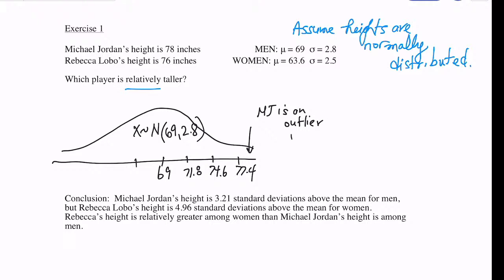Or his height is an outlier, right? MJ is an outlier because 68 is above 3 standard deviations from the mean. So this is 1, 2, and 3. I've added 2.8 each time.